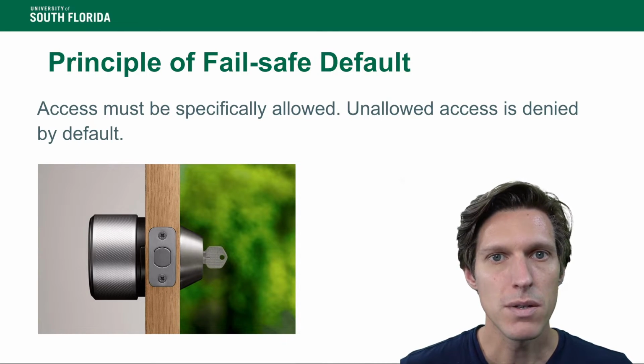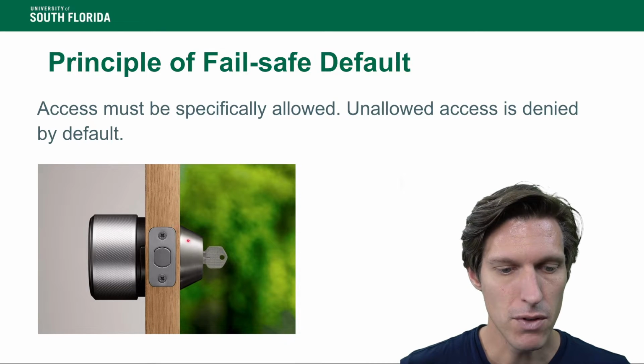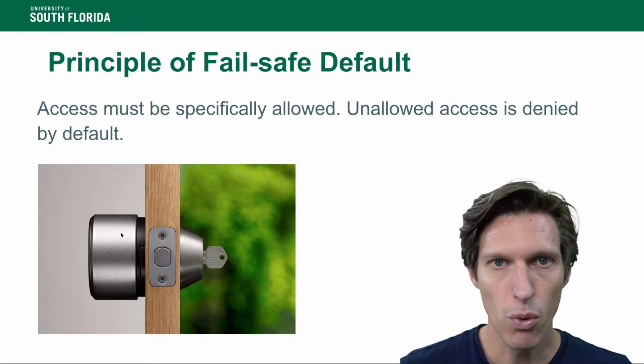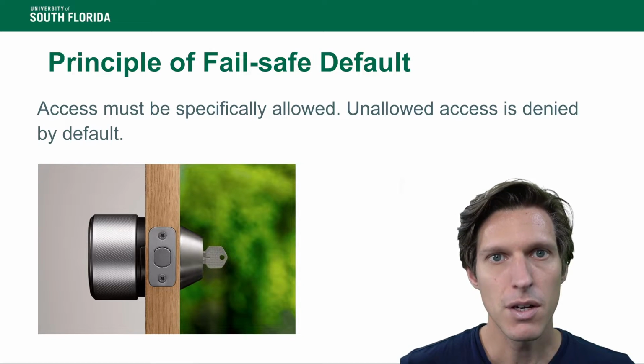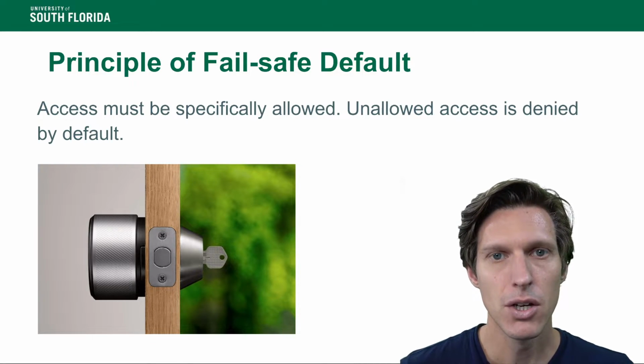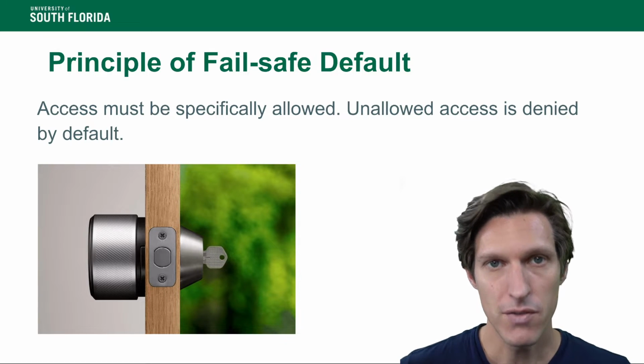So one way to emphasize this behavior, I've chosen this picture here of a lock, the kind of door where the lock always, by default, when you close the door, locks the door. Other doors you have to actively lock.